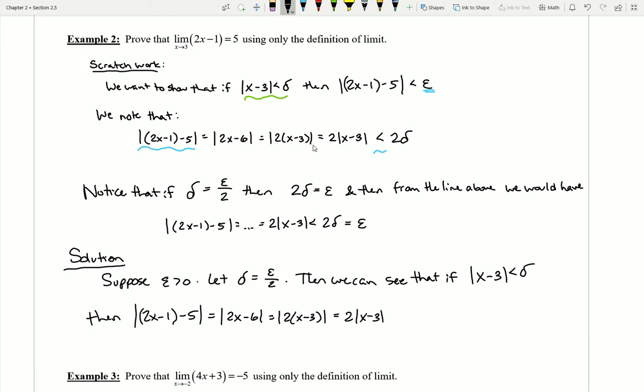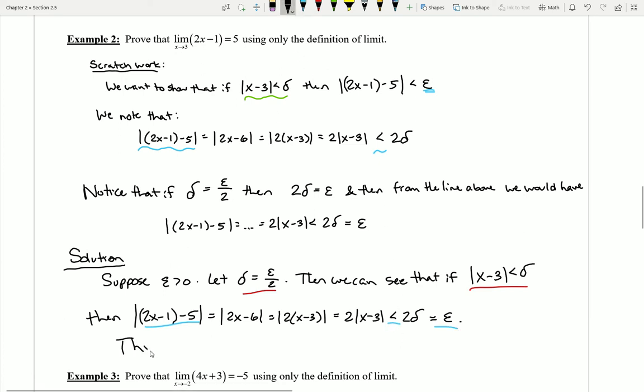Again, I'm just recopying a lot of my scratch work down here. I know this turns into 2 times delta, and then of course I know that 2 times delta ends up the same as epsilon. And so I actually have it. I have that if there's an x inside the red interval, I can guarantee you by selecting this value for delta that I'm going to get my y value inside the blue interval.